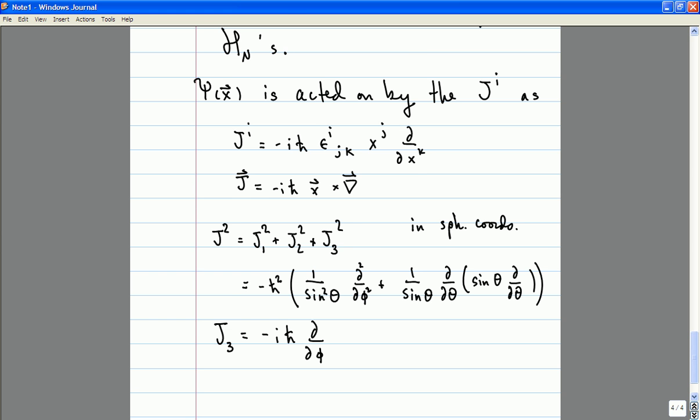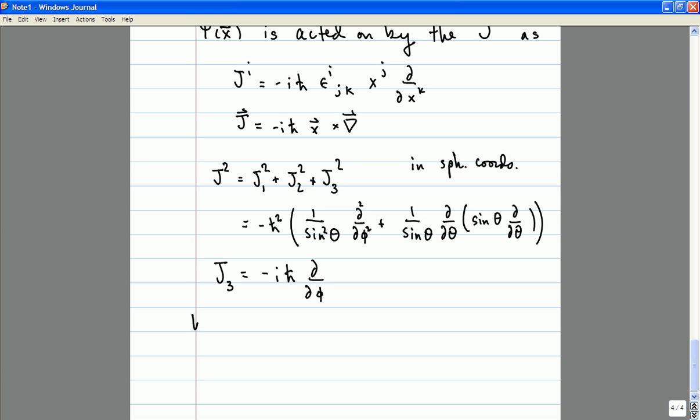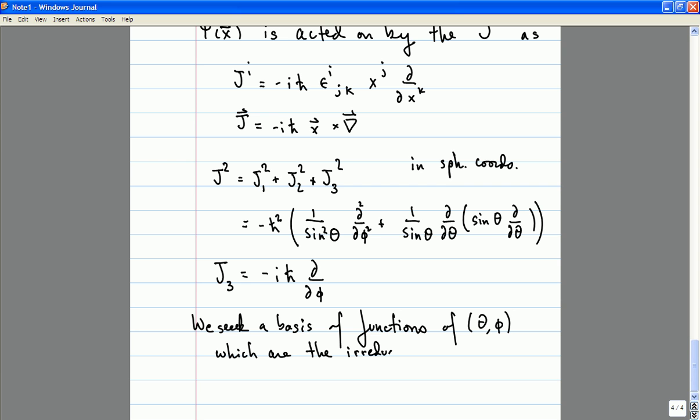So, what we're looking for is a basis of functions on the 2-sphere, that is to say, of theta and phi, which make up the irreducible representation of dimension n, which we could say equal to 2L plus 1.